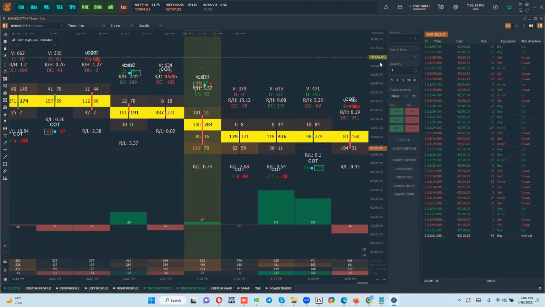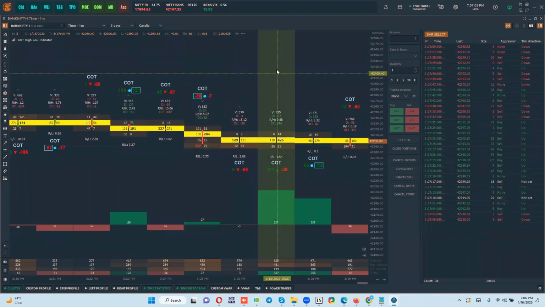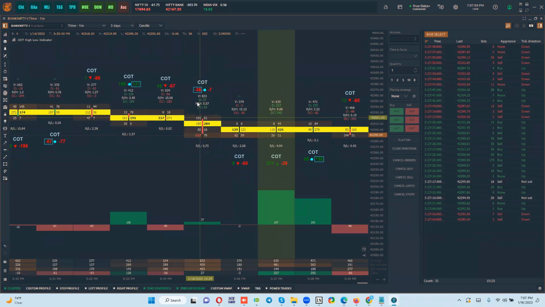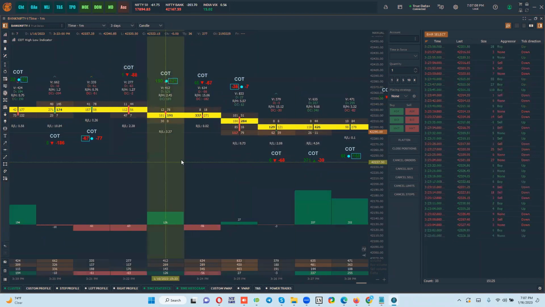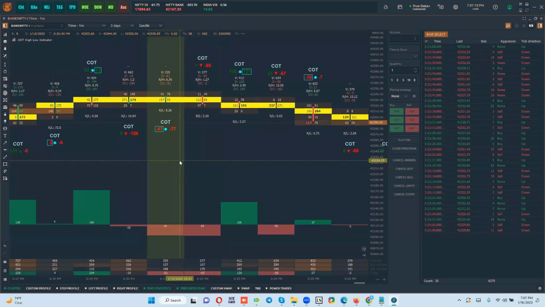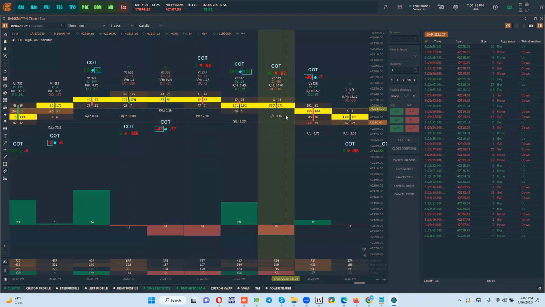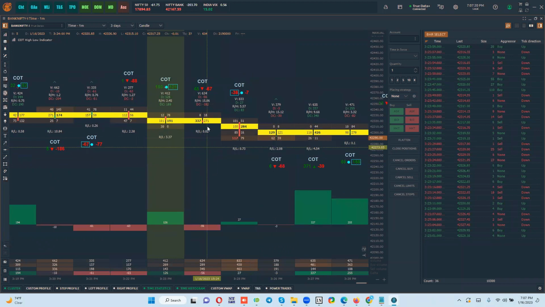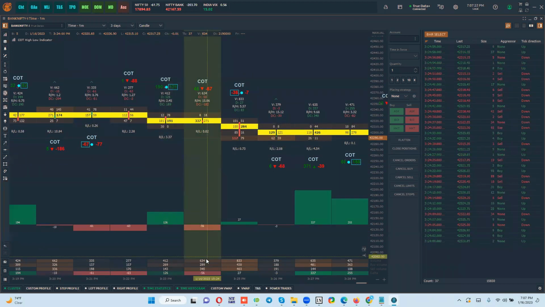In this particular bar, you can see there is a delta of the COT values. Let's look at a bar which is neutral, according to me. Yeah, this bar. Here we had 634 lots traded in a minute.